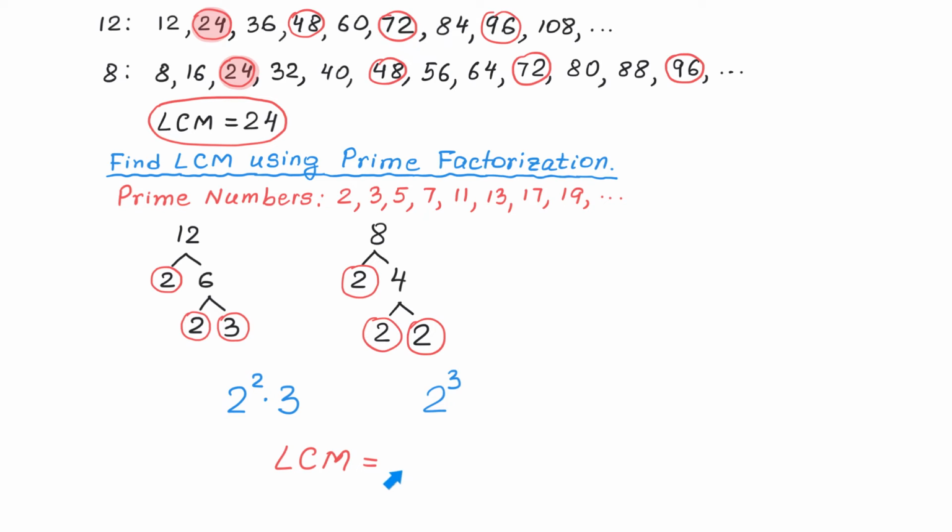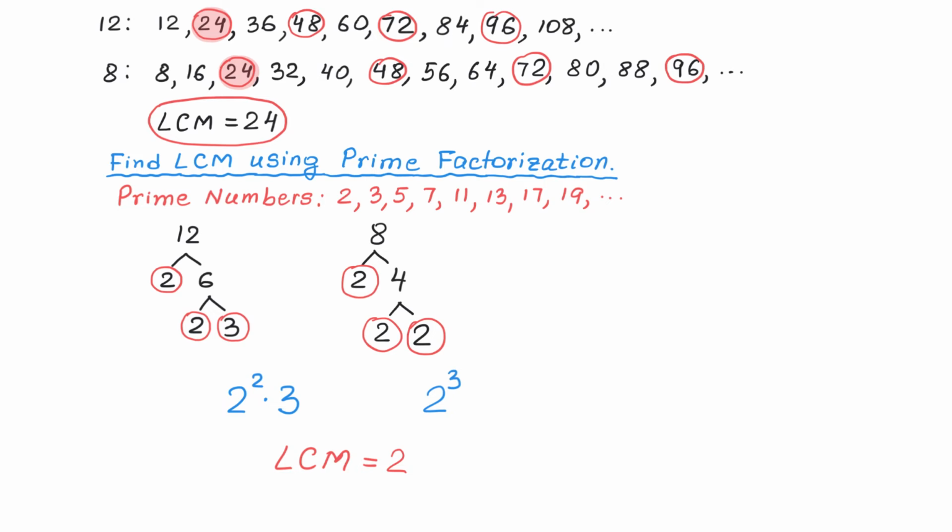For this, we will write here a product of all the factors that we see in any of these factorizations. And the factors that we see here are 2 and 3. And if some of the factors have exponents, we will bring down the ones that have the largest exponent. So let's bring down 2.